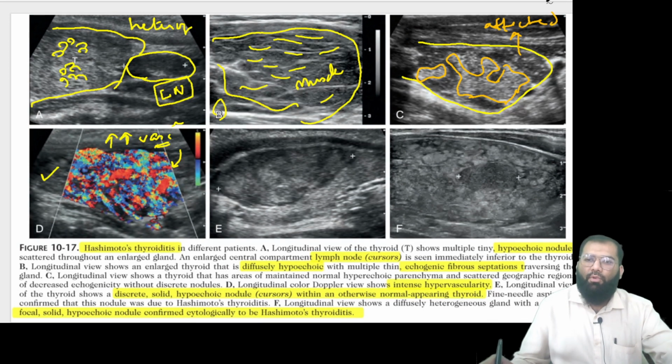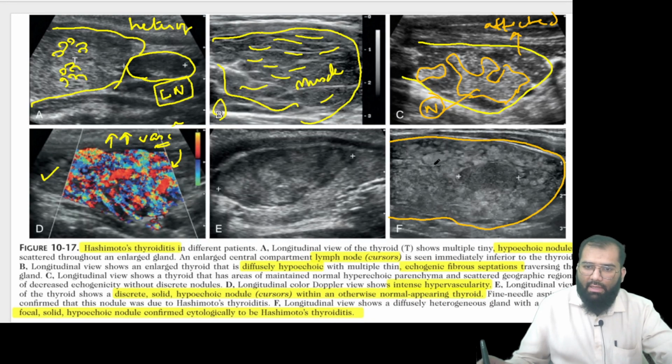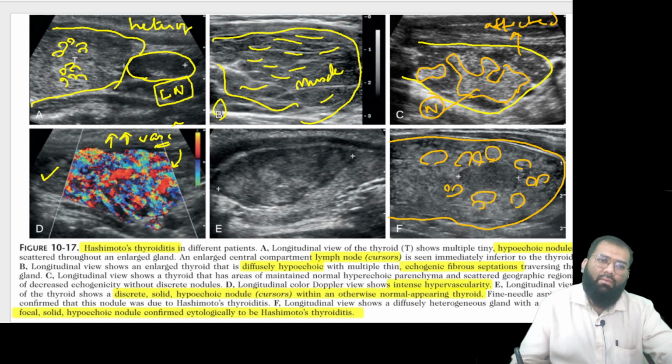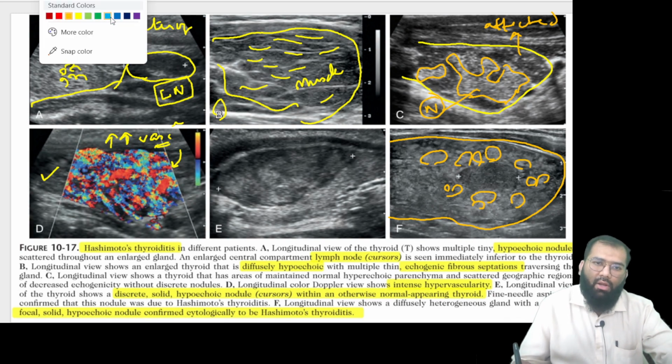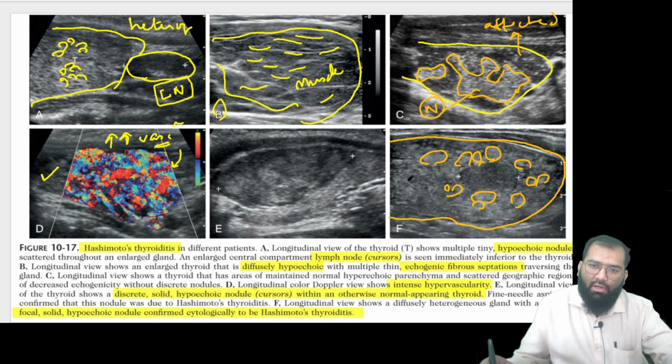The affected area is hypoechoic, and this is the normal area which remains hyperechoic. So this type of pattern again you can see here in this image. This is the thyroid gland, and you can see that there are multiple islands of normal areas within the thyroid gland. Correct? So this should not be mistaken for thyroid lesions or thyroid nodules or MNG, multinodular goiter.